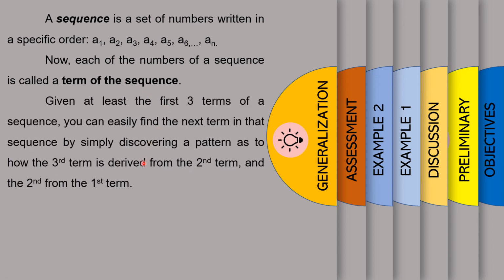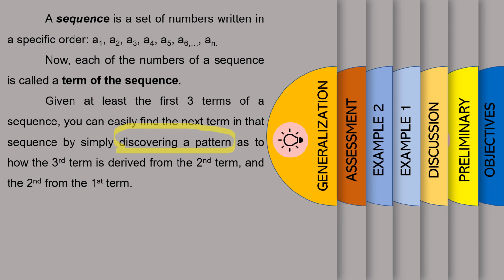And then, given at least first three terms of a sequence, kailangan yung sequence natin meron at least 3 terms for us to find the next few terms, to predict what will be the next terms, and it will help us to discover the pattern. Napakahalaga, kanina napakalaking tulong kapag nakita nyo yung pattern in the given sequence, na magiging madali lang lahat sa pag-solve ng mga problems related to that sequence.